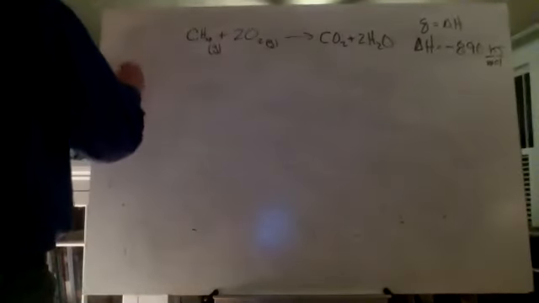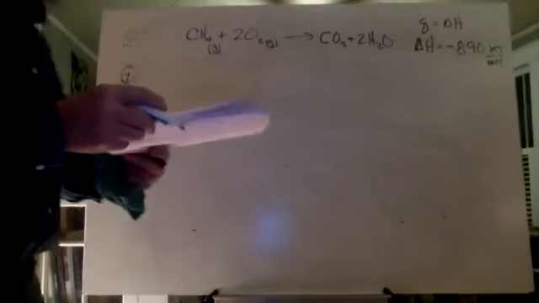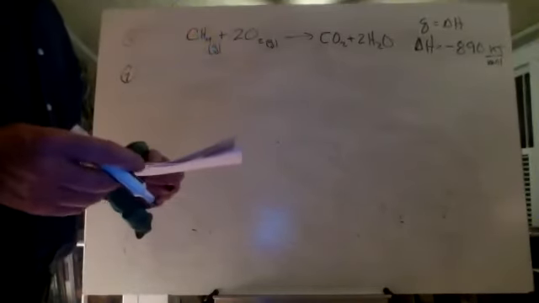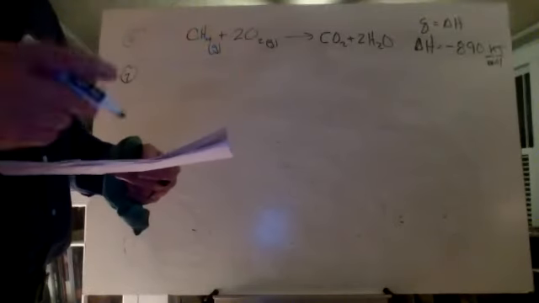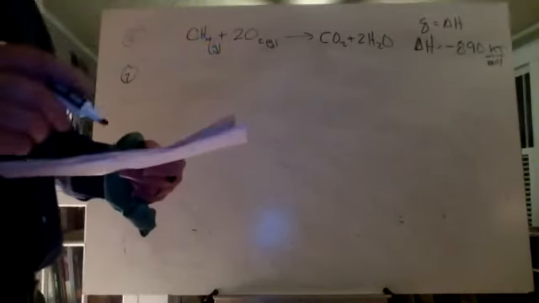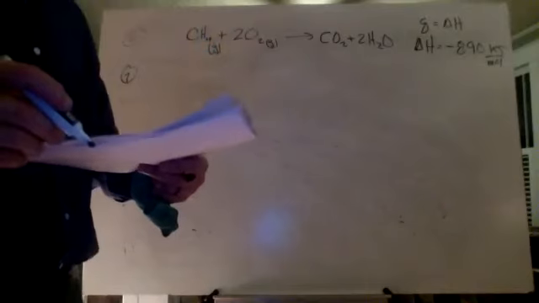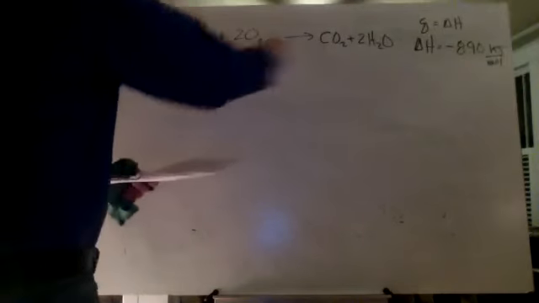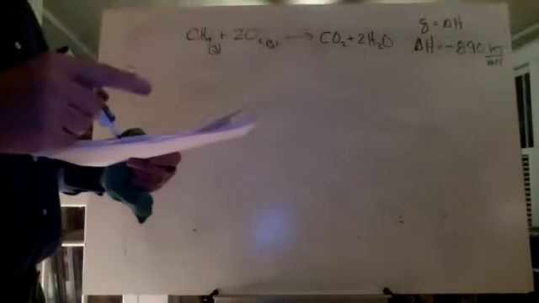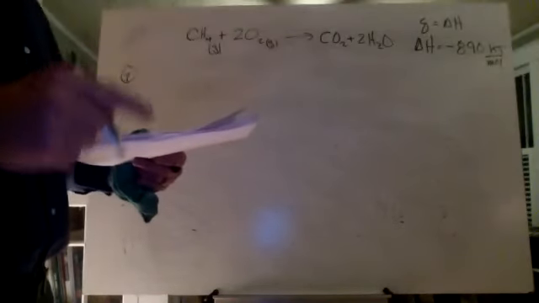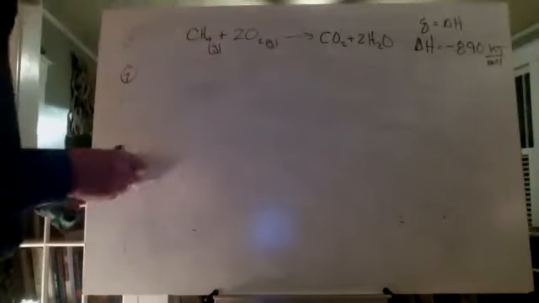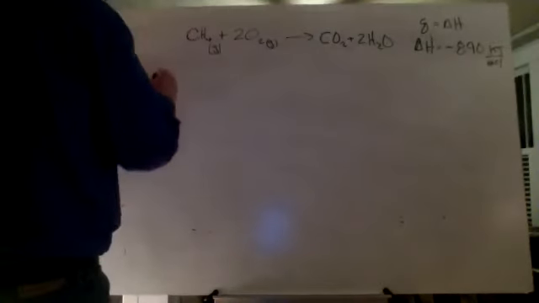But now we're doing question 7. And question 7 is a stoichiometric problem. It says, and there's 2 parts to this, we're supposed to determine the temperature change that would occur for 10 liters of water that was initially at 20 degrees C if it absorbed all the heat energy from this reaction taking place when 10 grams of methane react with oxygen. So we need to do this in 2 steps.